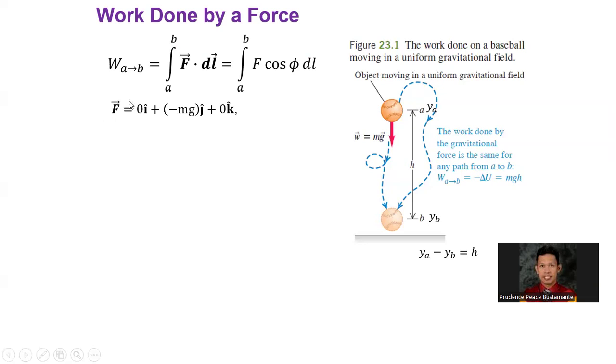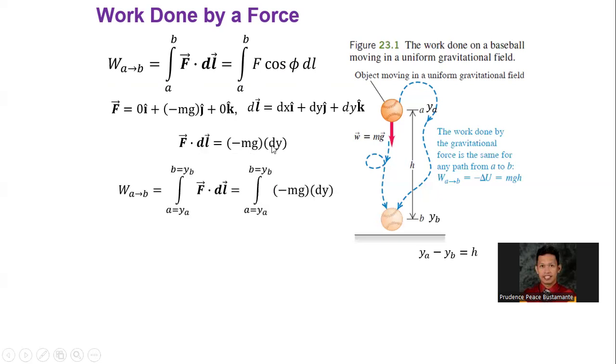The component form of the force looks like this, and we have here dl, which is equal to dx i hat plus dy j hat plus dz k hat. If we take the dot product, F dot dl is equal to 0 times dx, plus negative mg times dy, plus 0 times dz, which is just negative mg dy.